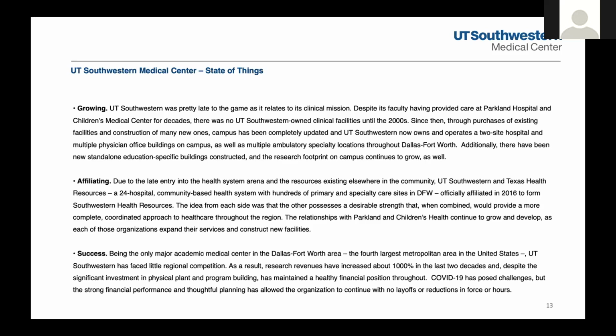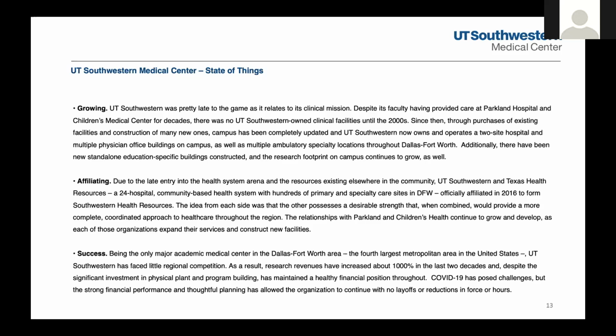In the early 2000s, UT Southwestern started purchasing facilities located on or adjacent to its campus at the time, and started investing a lot of money in building those facilities on campus. At the same time, we've seen a huge reinvestment in education space and research space across campus. New buildings are coming up all the time.